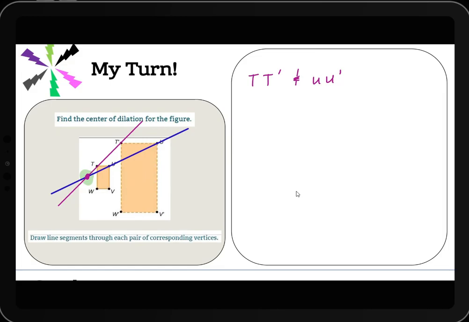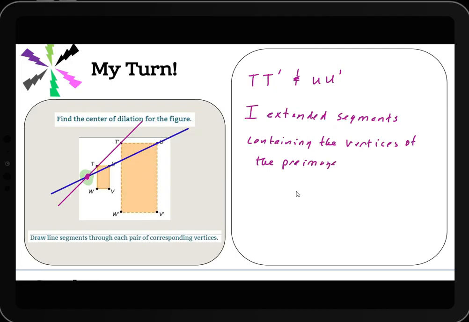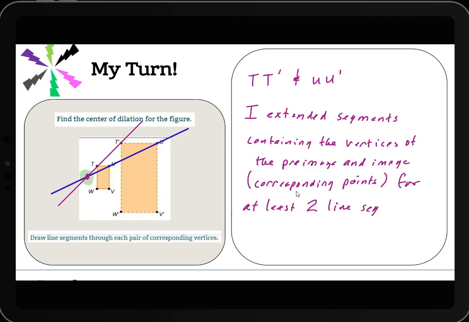Specifically, I could describe it as the following: I extended segments containing the vertices of the preimage and image (in parentheses, corresponding points) for at least 2 line segments or lines, depending on how you want to extend it out.